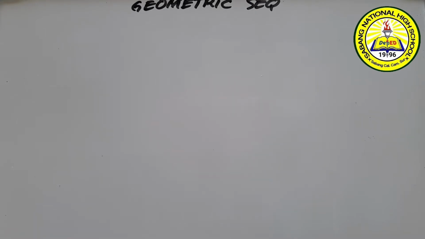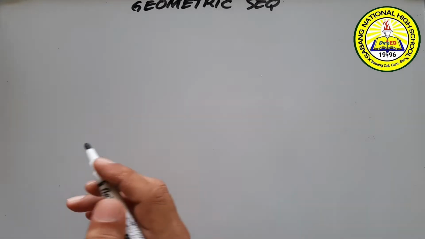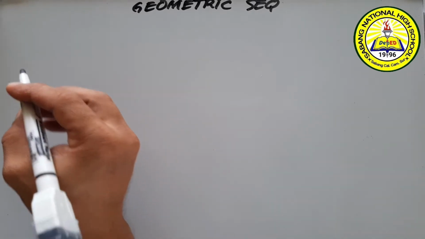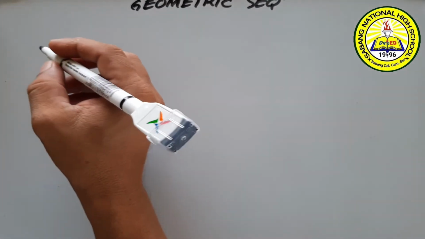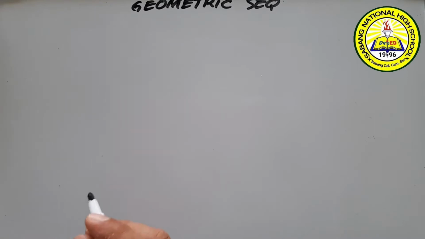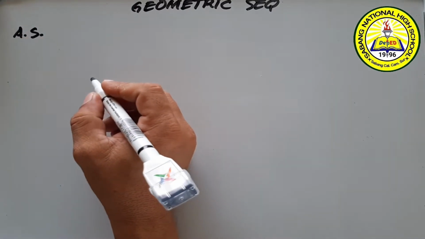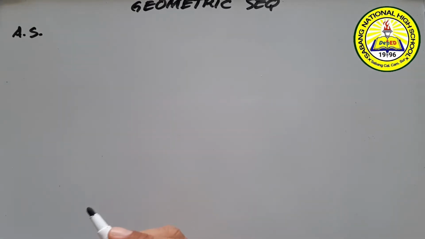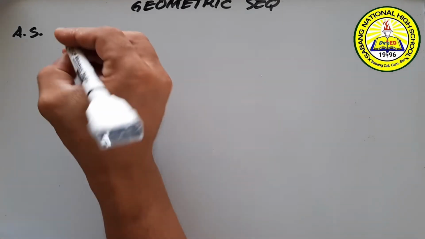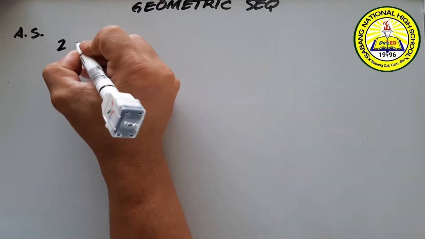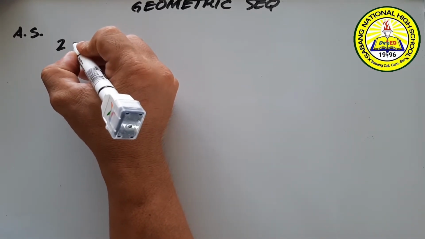Our previous topic is about arithmetic sequence. There are several sequences, so let me show you the difference between arithmetic sequence and geometric sequence. An arithmetic sequence is a sequence wherein we add a common difference to one term to find the succeeding terms. Let us say we have 2 and the common difference is 3.